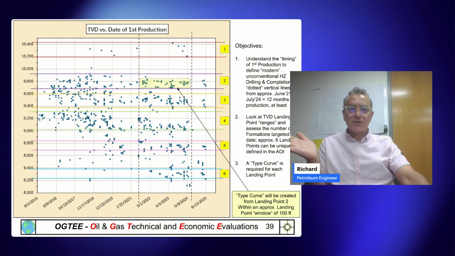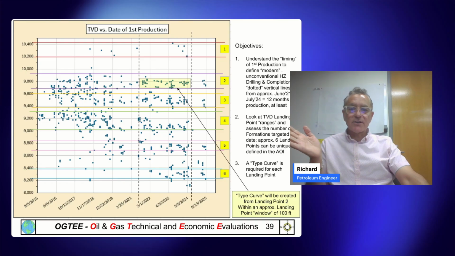And what you'll see here is I've listed them with little bars on them. This one here is red, and that's landing horizon number 1, and that's the TVD depth range. It's approximately a 200-foot range, and you can see that from approximately the middle part of the end of 2021.